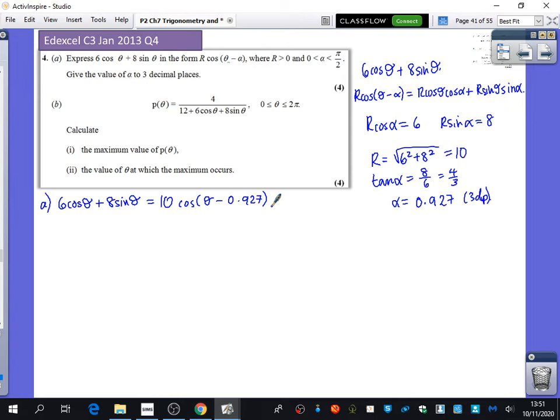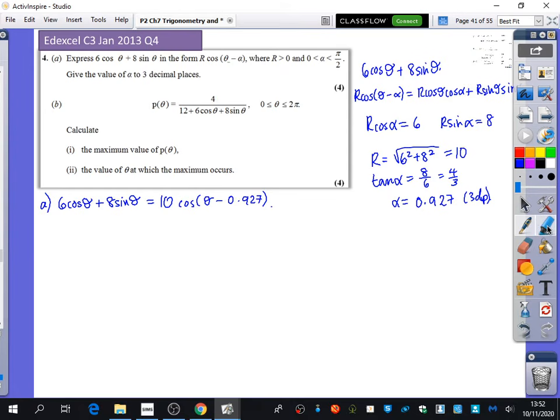If you've written it down, you can start thinking about what we'll do in part B. Okay, so whenever they have a part A and a part B with these kind of trig things, you need to look out for what happened in part A to use it in part B. Now, our one is actually a complete replica.